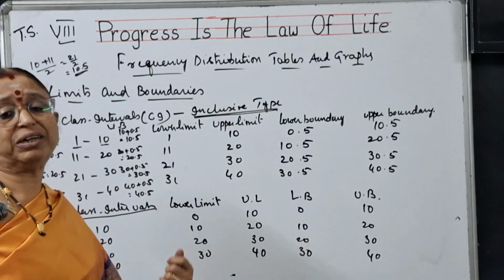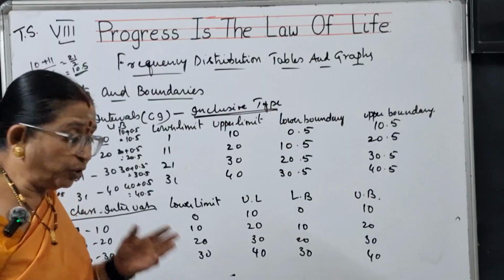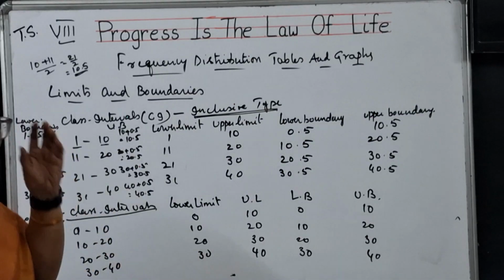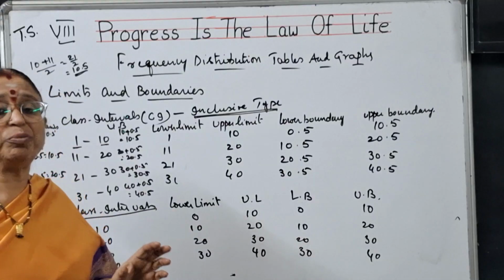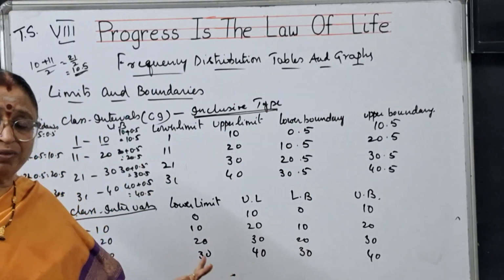That number you are not taking in this class, that is called exclusive. So here the same thing is happening. You are taking 10 in the next class, not here, so you are excluding it, so you will call it exclusive type of class interval. Please remember these names properly, children. Inclusive type of class interval, exclusive type of class interval.